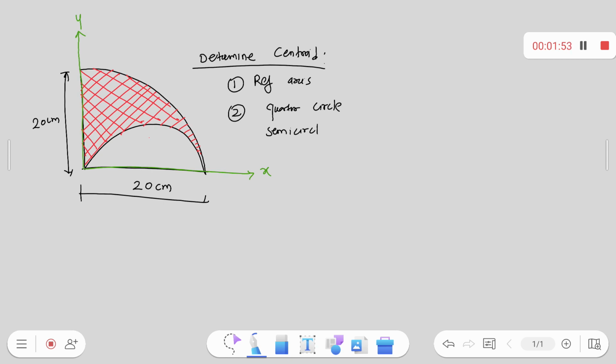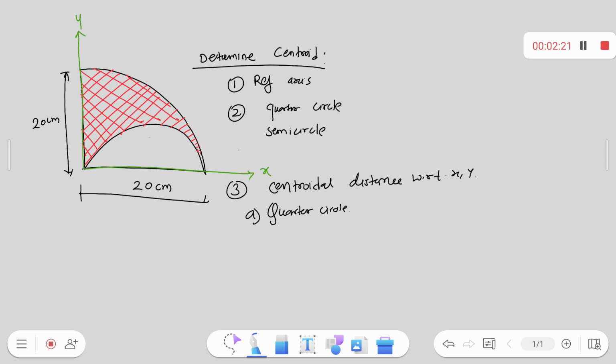My third step is to find the centroid of each individual shape with respect to the x and y axes. First I am considering the quarter circle.